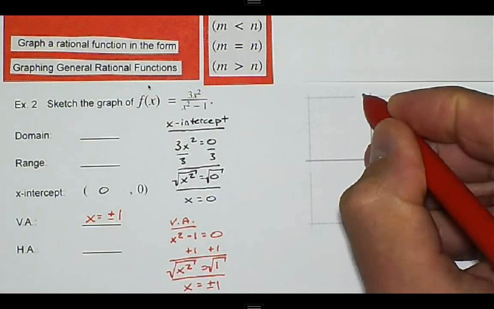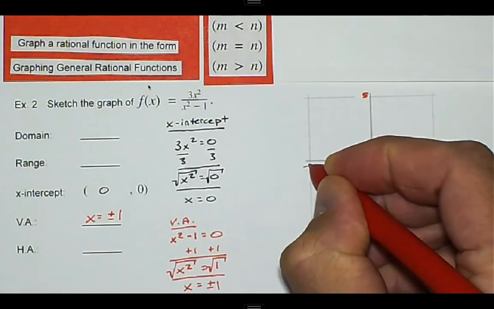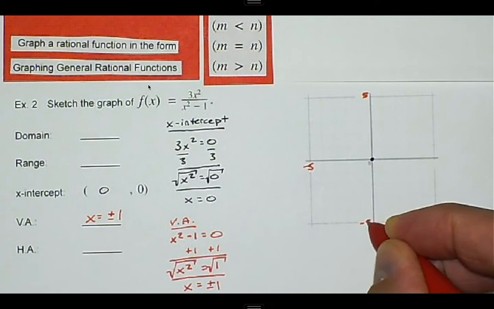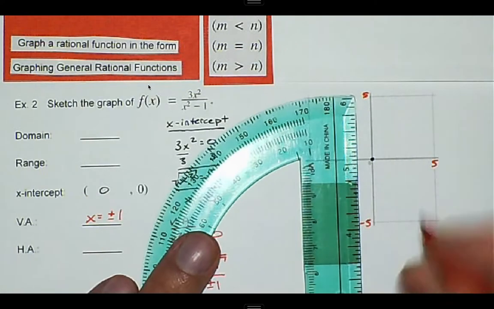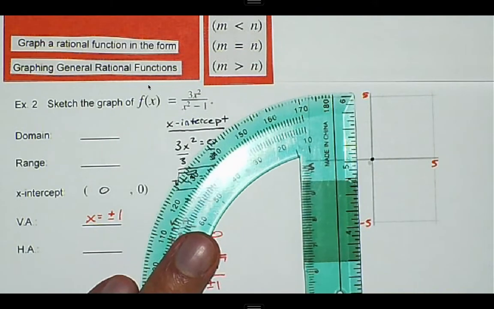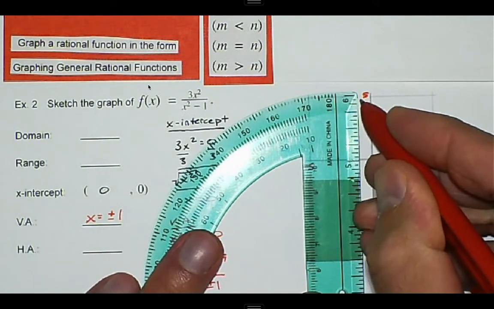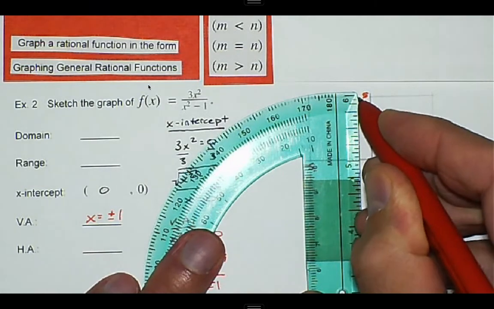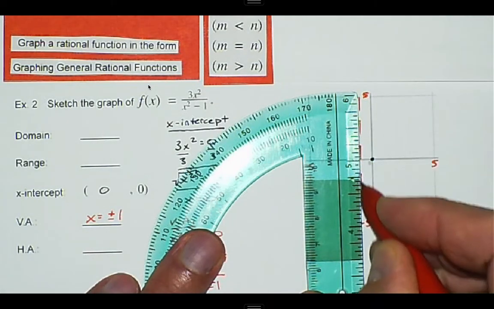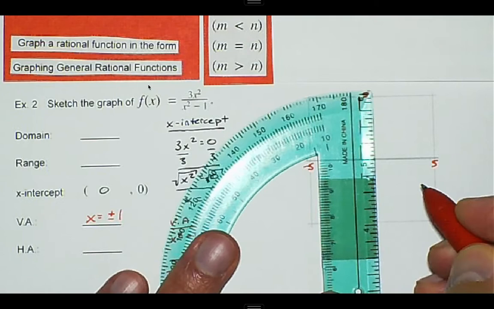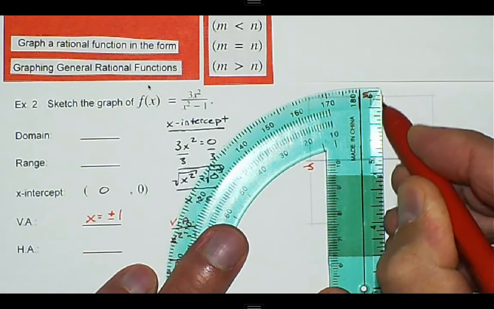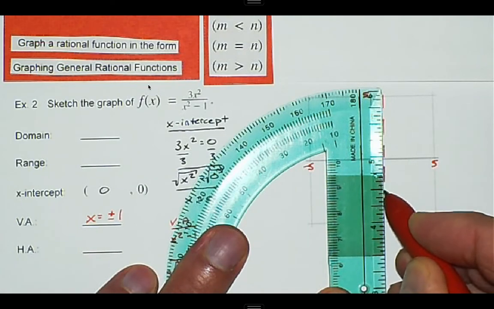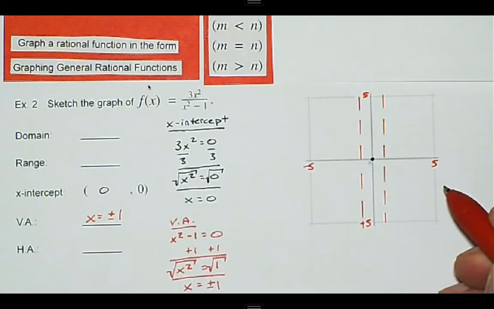We have one of our asymptotes at -1 here, and the other one over here. So we have our asymptotes drawn.